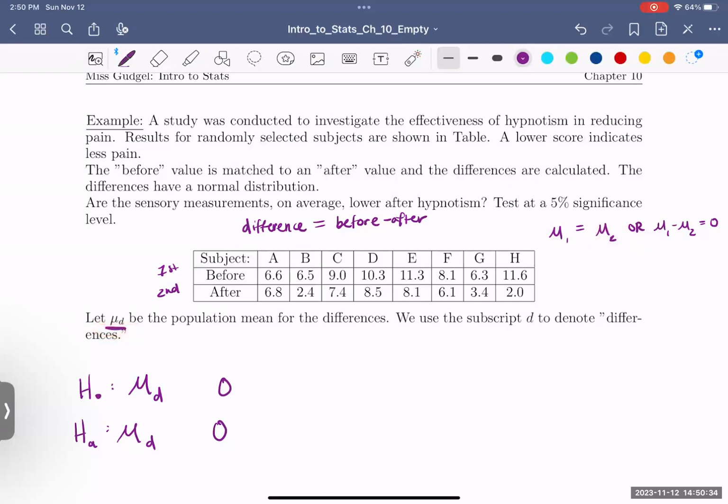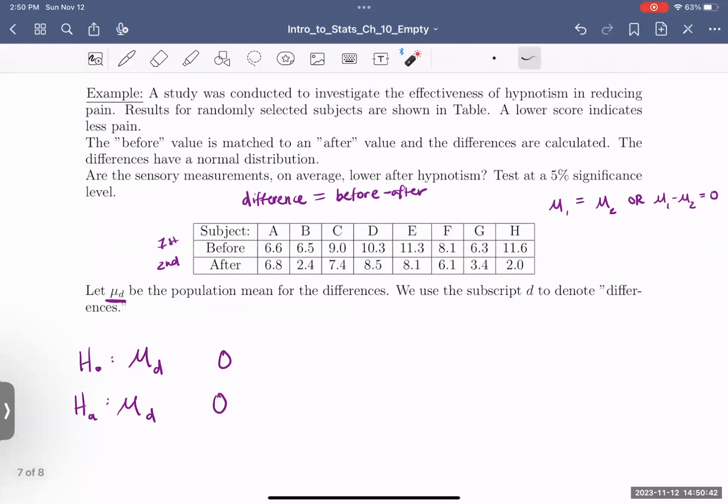It's mu1 minus mu2, one of the pieces of data minus the other. So that is why we're comparing to zero, because no matter what that inequality was, it would be that difference, mu sub d, being compared to zero: greater than zero, less than zero, equal to zero.